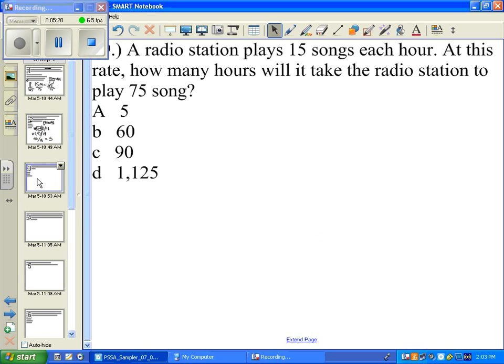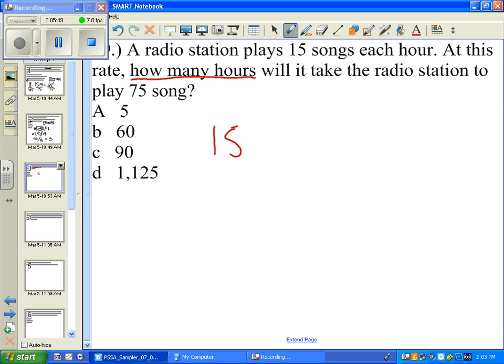That brings up our next one. A radio station plays 15 songs each hour. At this rate, how many hours will it take the radio station to play 75 songs? Okay, we're doing 15 songs an hour. And we're looking for how many hours will it take to play 75 songs?